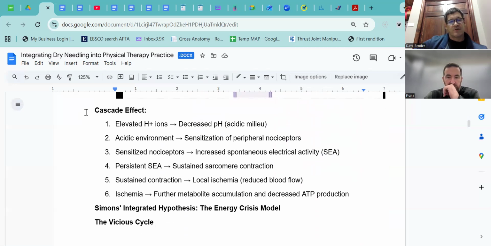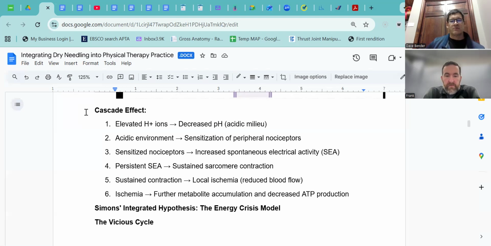And again, you see here the cascade that occurs to inflame this tissue: elevated hydrogen ions decrease the pH, creating an acidic environment that sensitizes peripheral nociceptors. This increases the spontaneous electrical activity, and with sustained spontaneous electrical activity you get sustained sarcomere contraction.